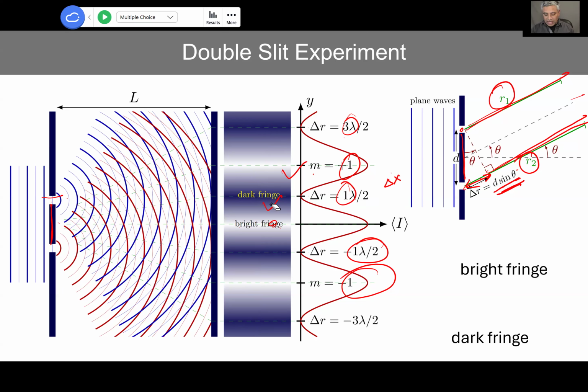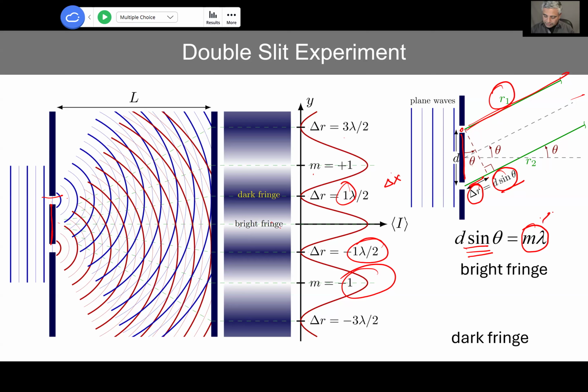Okay, so that's how we decode what we see. We watched the video, and we have this drawing, and a little geometry and trigonometry gives us the path difference. Now by using this path difference, we can write equations. Whenever d sine theta is m times lambda, that is constructive interference.